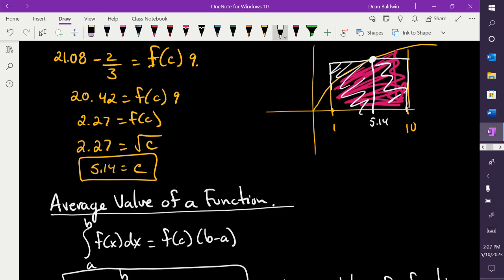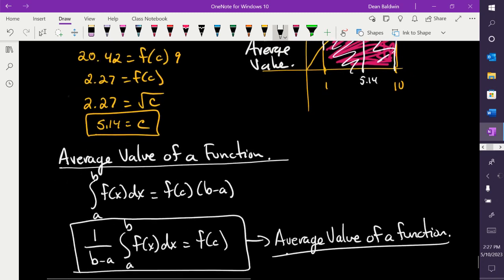That's what f of c was, we divided off the 9, which is the b minus a. So this height right here, 2.27, that would be called the average value.